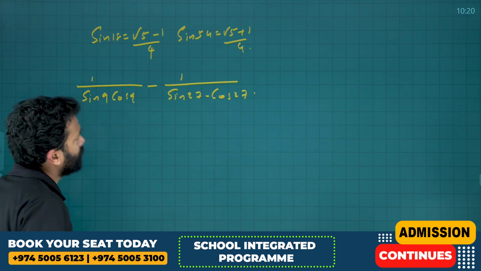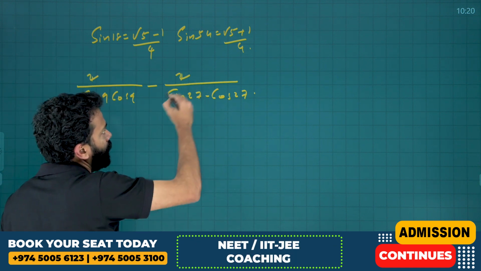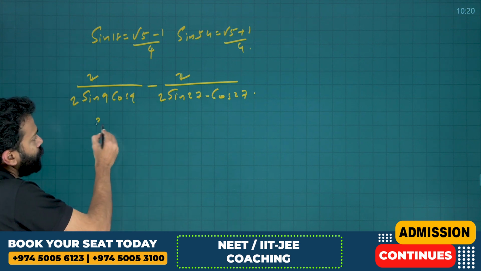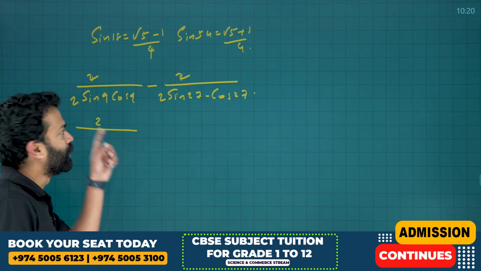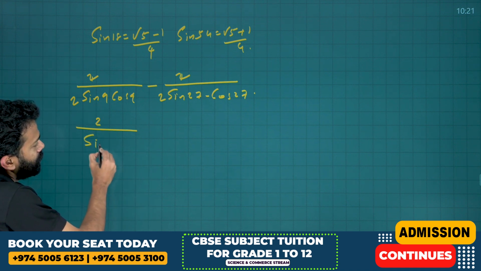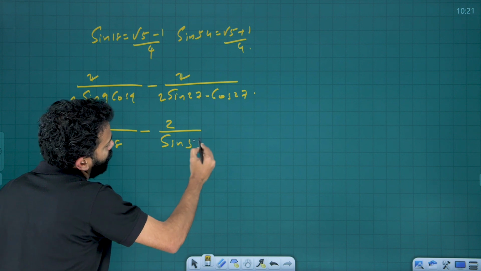You do one thing, just multiply here and here with 2 and also multiply here and here with 2. Therefore, 2 by, what is 2 sin theta cos theta? Sin 2 theta, right? Therefore, it will reduce to sin 18 minus this will reduce to sin 54.